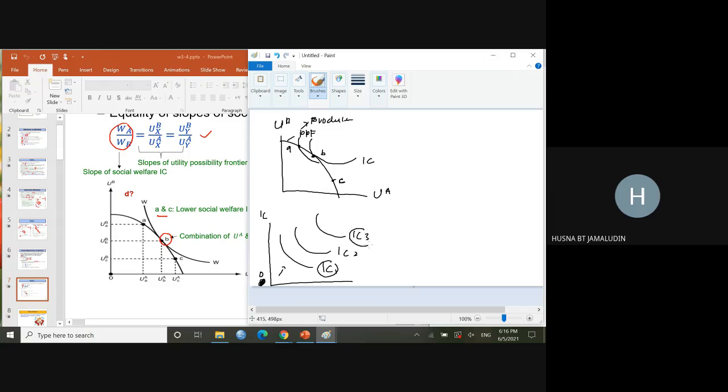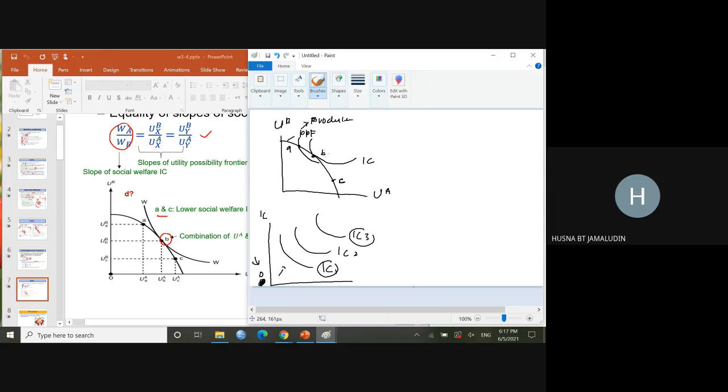Indifference curve 3 will have higher utility because it is farther away from the origin. Origin is 0 here. So remember, when an indifference curve is farther away from the 0 point, its utility is higher.